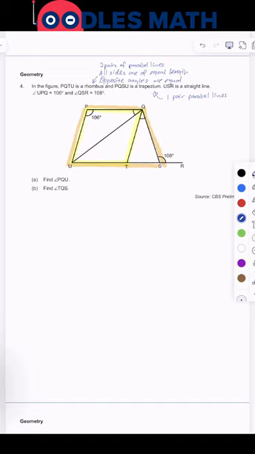Now what are we supposed to find? We are supposed to find angle PQU. Angle PQU is this little angle here that we see. So now what do we do next? How do we start? Let me erase the highlight.